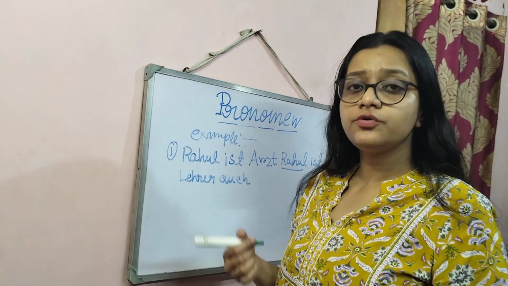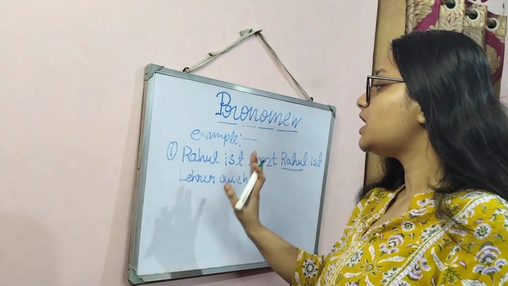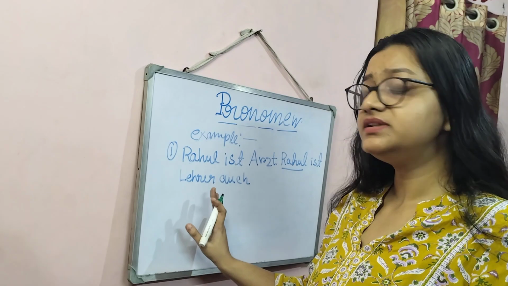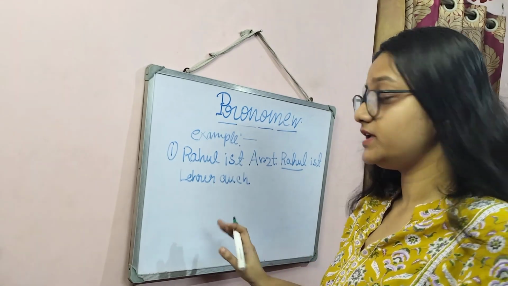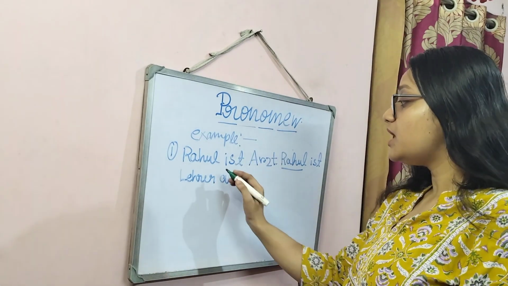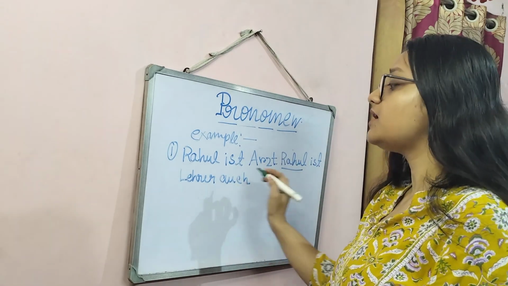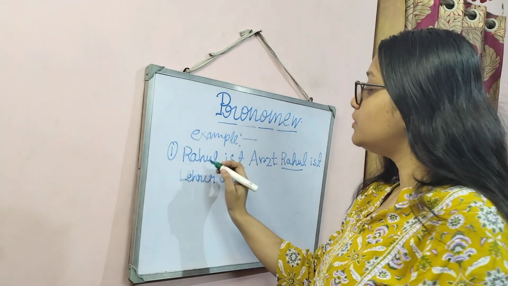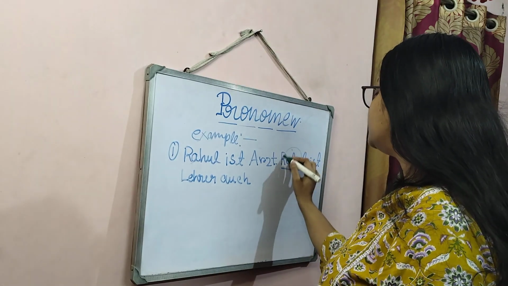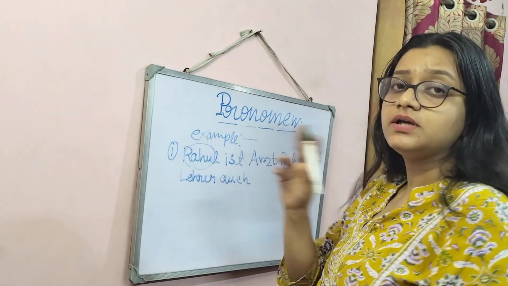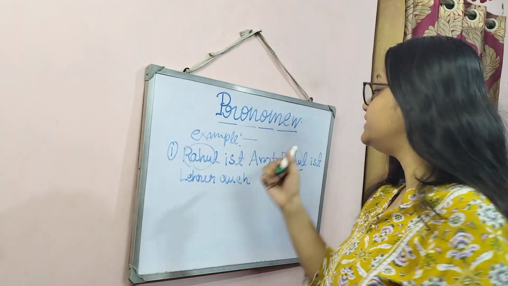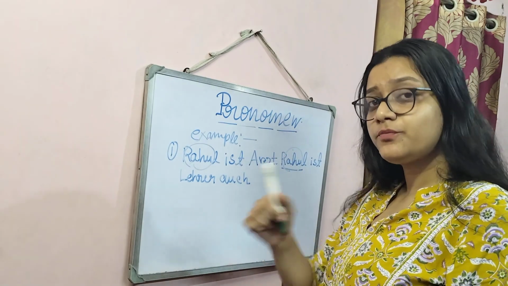Now I will show you an example of how to use the Pronomen in a German sentence. Okay, let's see. Rahul ist Arzt. Rahul ist auch Lehrer. So we are using the noun Rahul two times, but here we can use a pronomen.